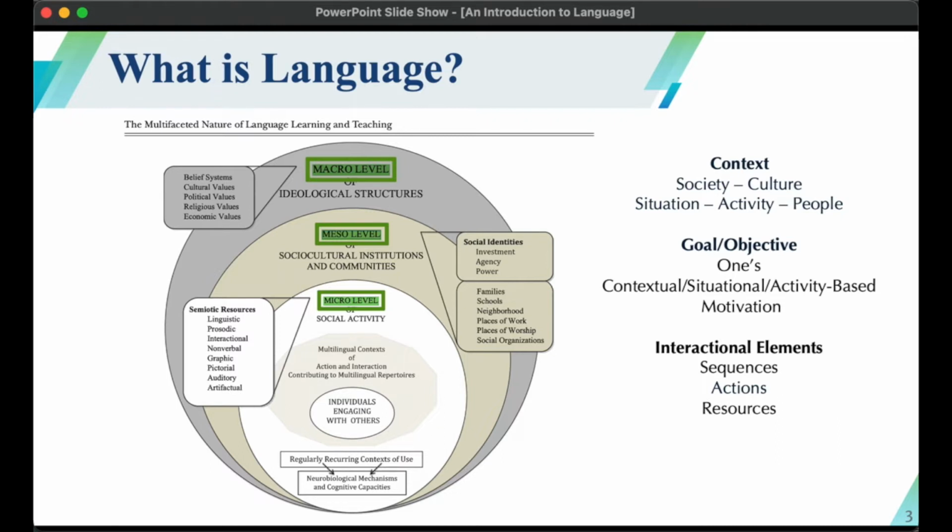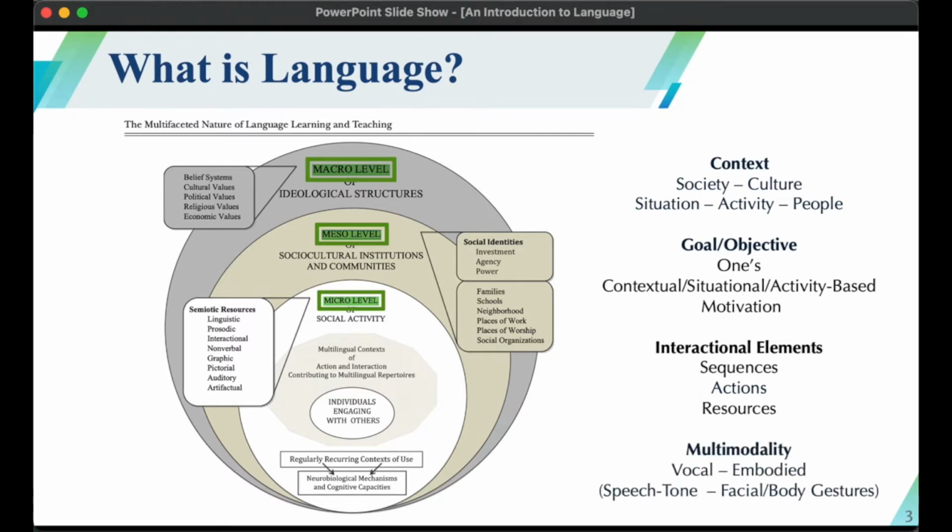Within each sequence, there are certain actions, interactional and communicative actions, being undertaken turn by turn to move things along. For instance, asking a question, providing a response, asking a follow-up question, elaborating, and so on. To accomplish these actions, there are a whole range of linguistic and pragmatic resources being drawn on and put to use.